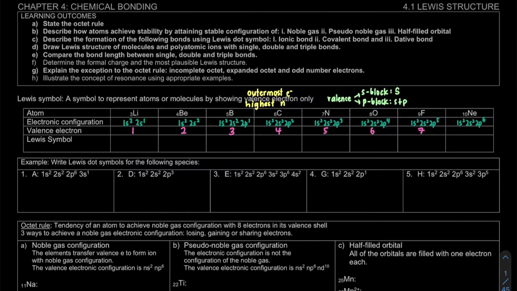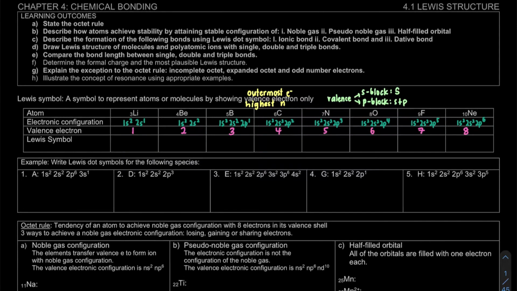The last orbital we fill is the p orbital, so it is p block. To know the valence electron, we count s and p, so here it is 4. Nitrogen has 5, oxygen 6, fluorine 7. Again, I want to remind you that when the last orbital we fill is the p orbital, we know it is p block, and the valence is s plus p. So 2 plus 6, the valence electron is 8.